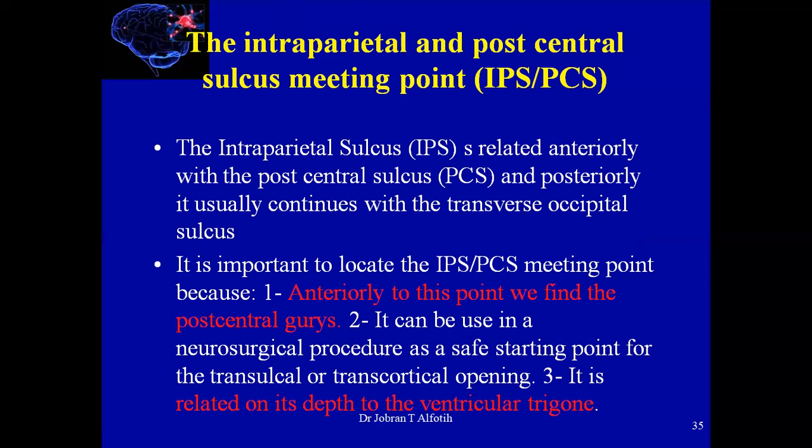This is a very important point to find the postcentral gyrus, and it can also be used in neurosurgical procedures as a safe starting point for a transsulcal or transcortical opening, and this point is also related in its depth to the ventricular trigone.